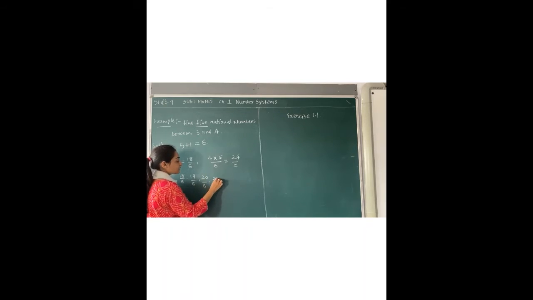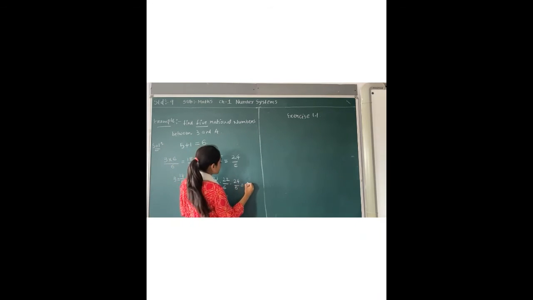Here the denominators are the same, so I can simply write 18 divided by 6, 19 divided by 6, 20 divided by 6, 21 divided by 6, 22 divided by 6, up to 24 divided by 6.